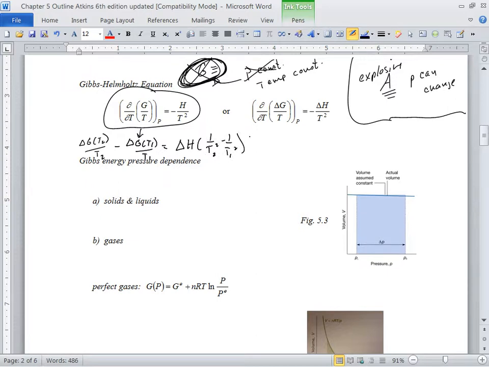So yeah, you don't need this. But the point is that if you start with this Gibbs Helmholtz equation, you can get how the Gibbs energy changes with temperature. What's the Gibbs energy at a new temperature? You can use this equation to derive a relationship that gives you the Gibbs energy at a new temperature, like delta G at T1 or delta G at T2.